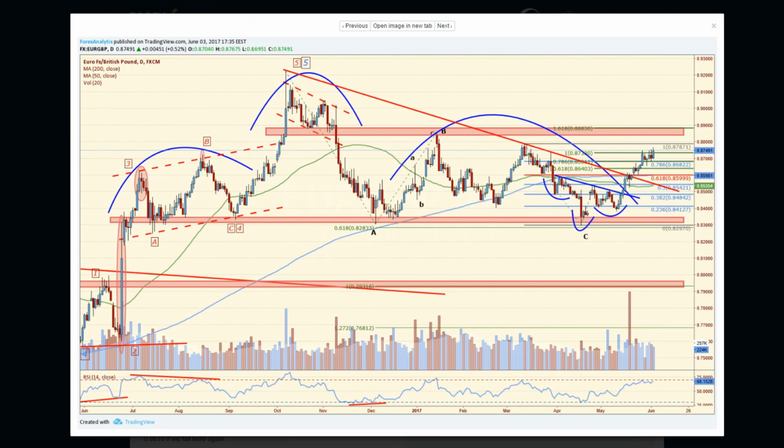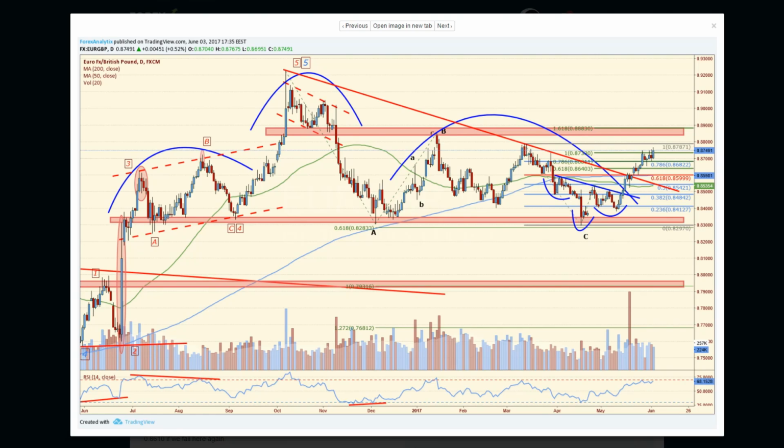We've been more overbought in the past, so this doesn't necessarily mean we're going to stop here. We could probably match the levels that we saw in RSI back in October of last year when we were ripping higher, which could put us up towards 88, 89 pence before it's all said and done. But this next week is going to be really important for the cable and for the euro pound as well.